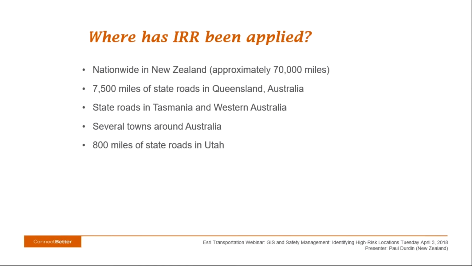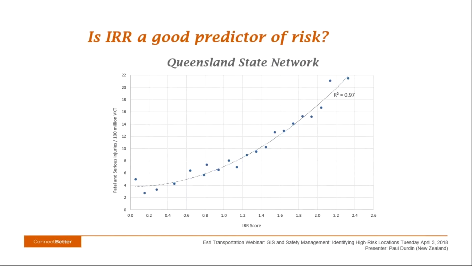So let's have a look at how well IRR predicts safety performance. This is based on the 7,500 miles of the Queensland state network, and it uses a statistical binning approach whereby we take the road segments with similar IRR scores, average those out, and then average out the number of fatal and serious injuries per 100 million vehicle kilometres travelled for those corresponding sections.